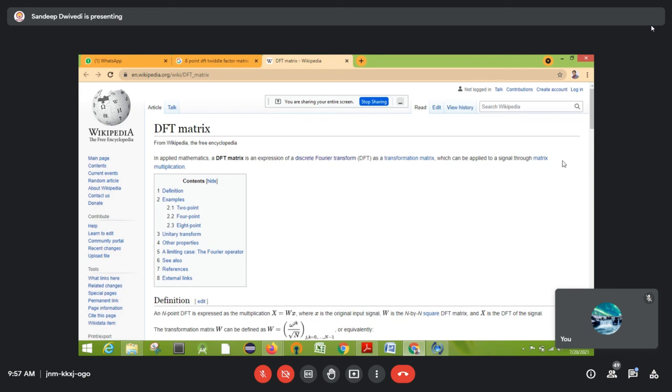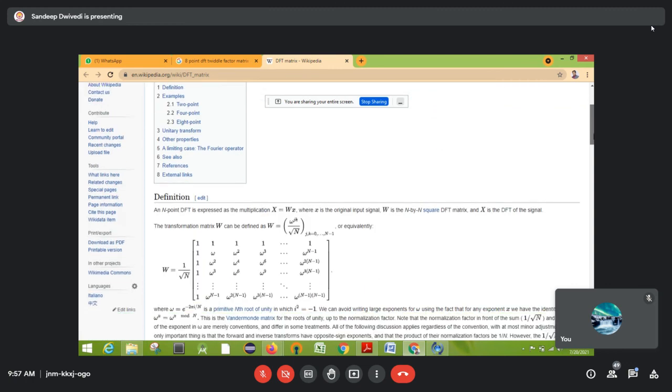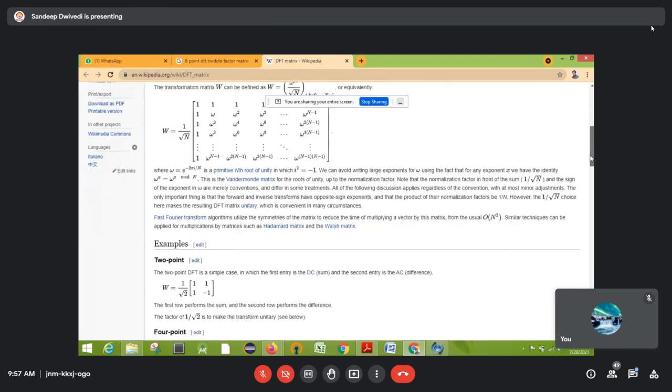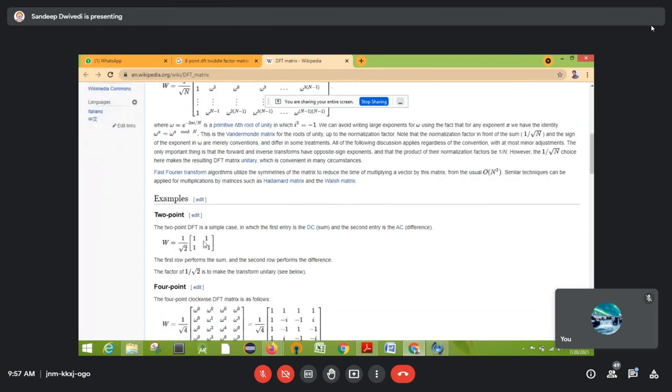Okay, so now you can see this 2-point matrix over here. See, this is a 2-point matrix.